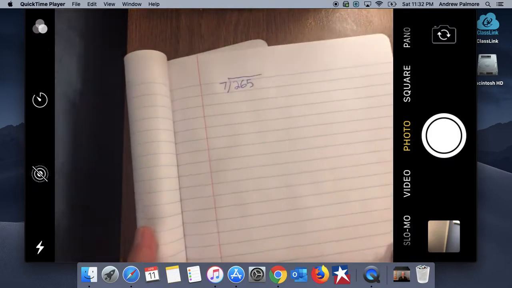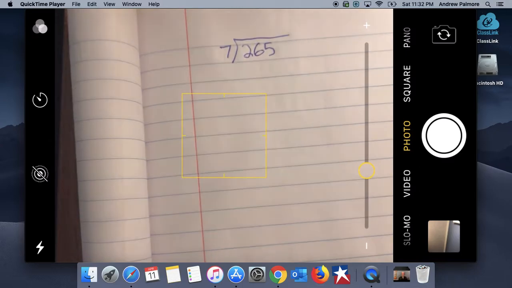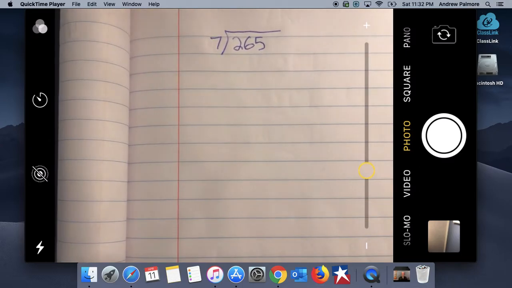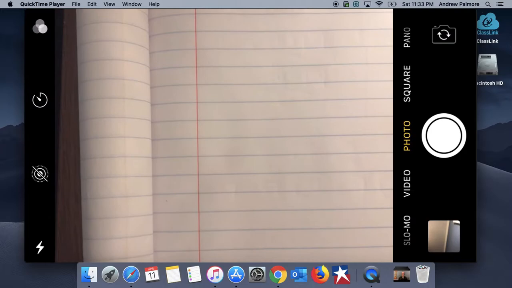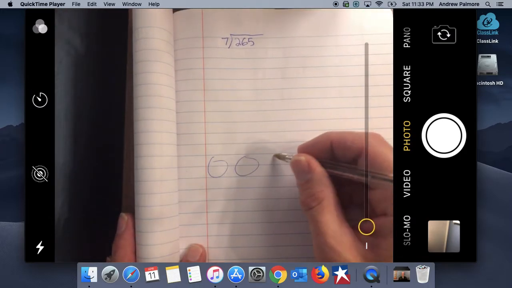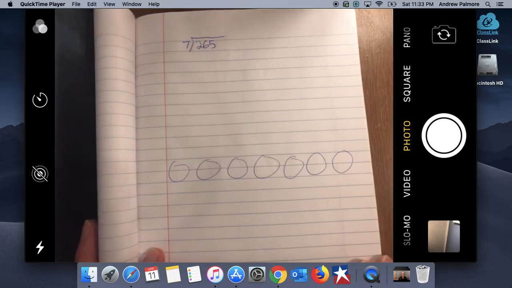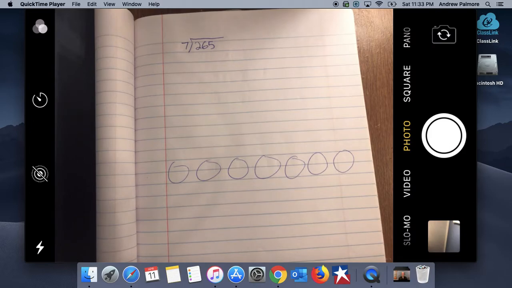We're going to find the quotient. So, 265 divided into 7 groups. What this means is, imagine that you have 1, 2, 3, 4, 5, 6, 7 friends, and you want to divide out 265 candies to them.